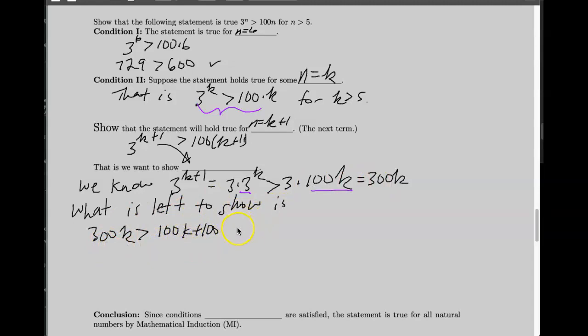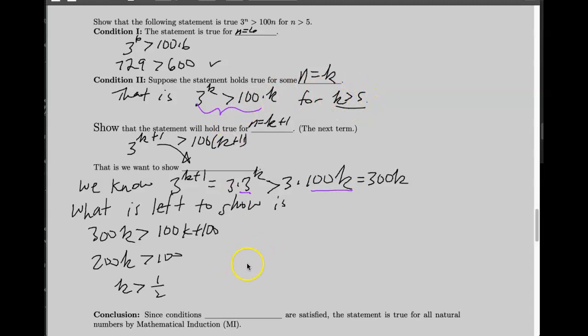What we're trying to utilize is that this is true as long as k is greater than 5. If I solve for k, I get 200k is greater than 100, so k is greater than 1/2. Well, anytime k is greater than 1/2, k is also greater than 5.